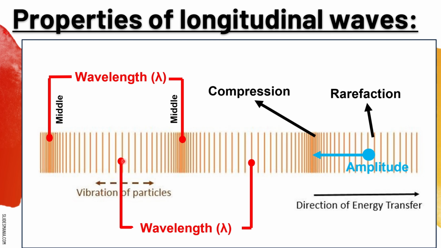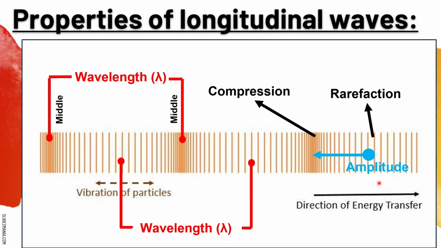So let's say it stretches from the middle of the first rarefaction to the middle of the third rarefaction, then it means there are two wavelengths present in this wave. So once again, here you can see the vibration of the particles is left to right, left to right. That's because it's parallel to the direction of motion.